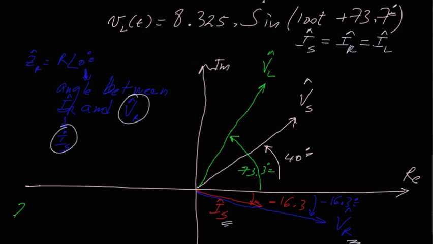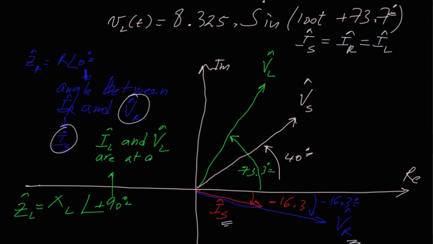Now, what did we say about ZL? ZL is XL with an angle of plus 90 degrees. And what does the plus 90 degrees simply mean? The plus 90 degrees, that means that IL and VL are at 90 degrees of each other. This is really what this number means. That means the current through an inductor and the voltage through an inductor should have a 90 degrees between them.